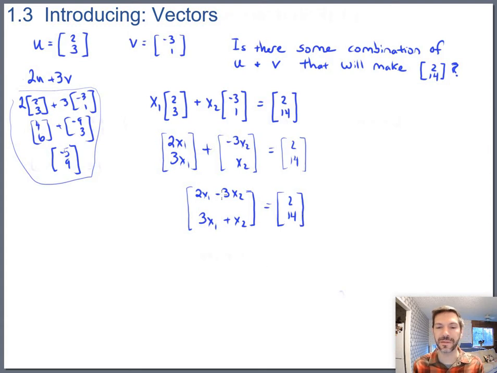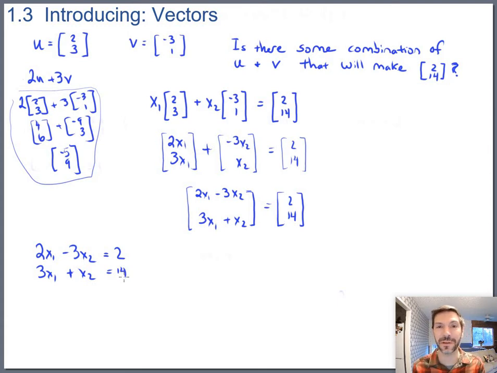And the only way that this vector is going to equal that vector is if the top equals 2 and the bottom equals 14. So that gives us two equations to solve. It gives us 2x1 minus 3x2 has to equal 2, and 3x1 plus x2 has to equal 14.